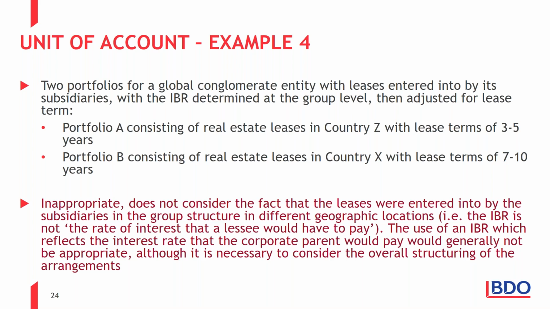In this case, I've actually put 3 to 5 years and 7 to 10 years in my portfolios and different countries. It's obvious here, if it wasn't obvious in example 3, that different geographical locations are going to impact things like the economic environment, and also your foreign currency rates will change that, and those would generally cancel you out on the overall application of portfolio applications.